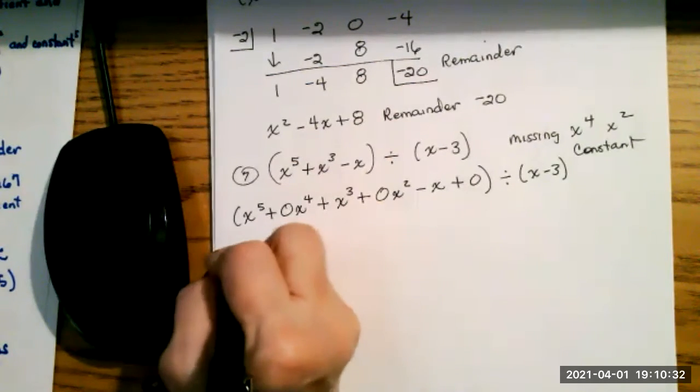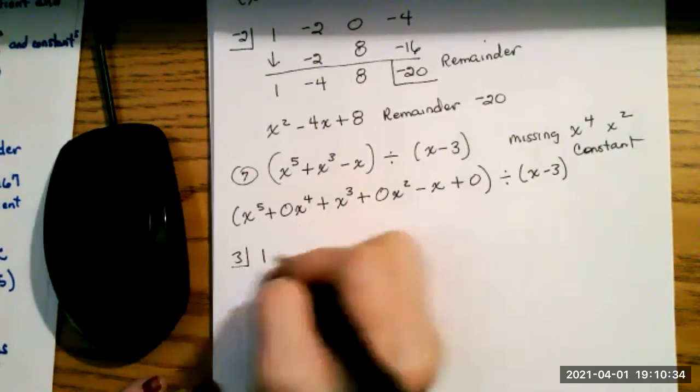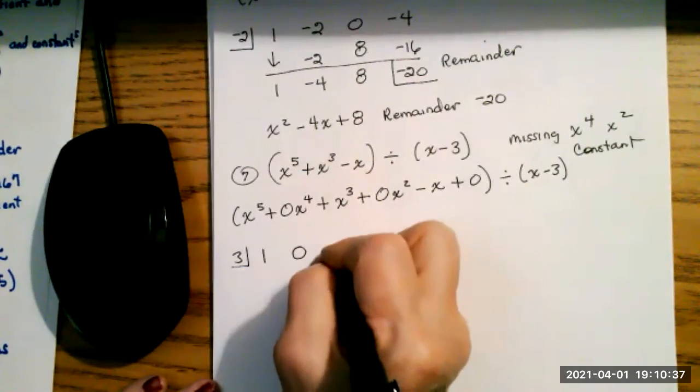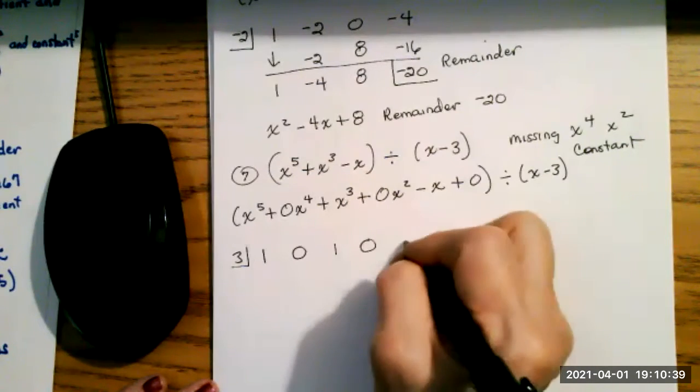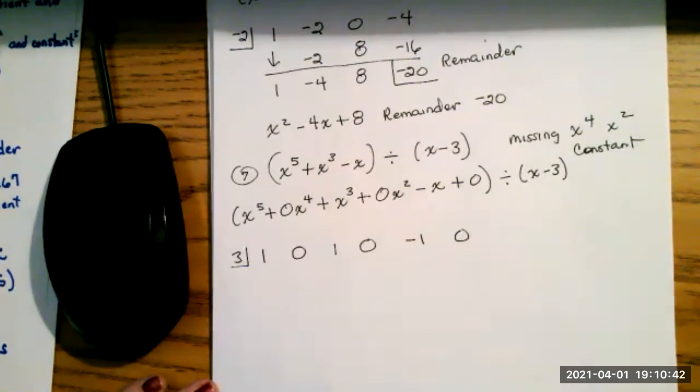Okay, in your box goes 3. So you have 1, 0, 1, 0, negative 1, 0. That's pretty interesting.